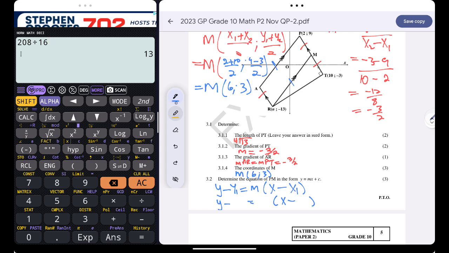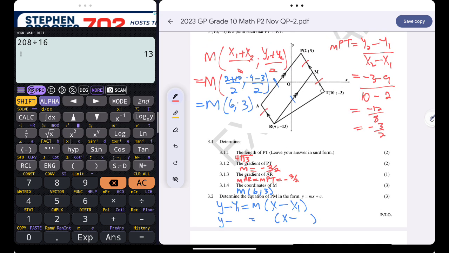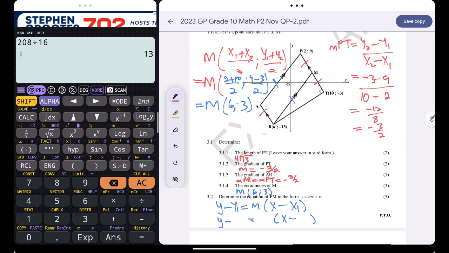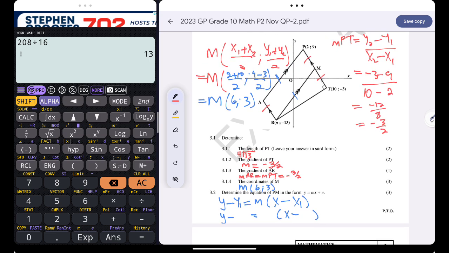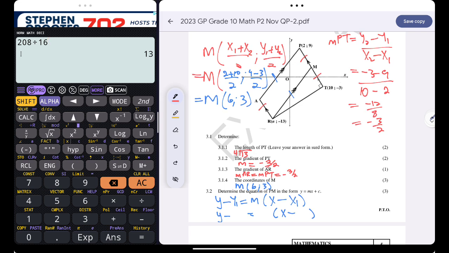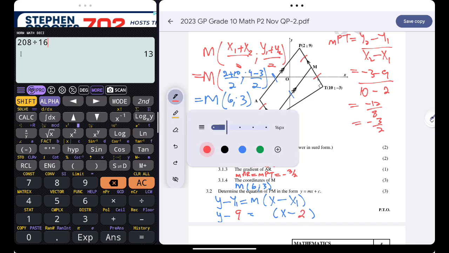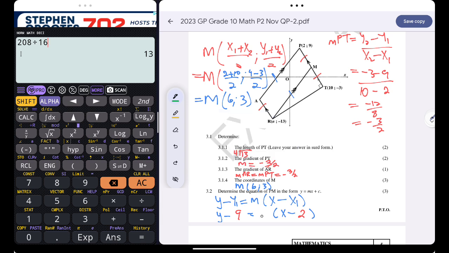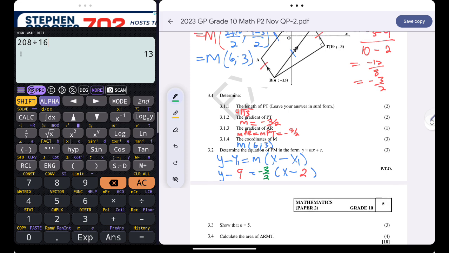Just know that I prefer working with positive points. They want me to find the equation of line PM, so I can simply use the coordinates of P, because it was given. I know that the y value is 9 and the x value is 2. The gradient I calculated to be negative 3 over 2.